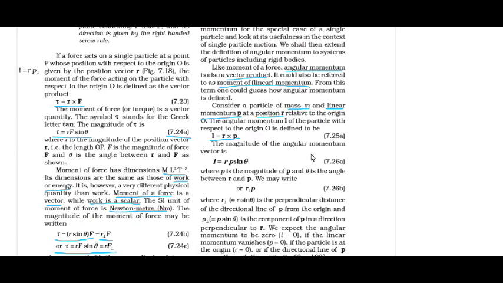The magnitude of the angular momentum vector is L is equal to rp sin theta, where p is the magnitude of linear momentum and theta is the angle between r and p. Or we can write r perpendicular p, where r perpendicular is equal to r sin theta, the perpendicular distance of the directional line of p from the origin, and p perpendicular is equal to p sin theta, the component of p in the direction perpendicular to r.